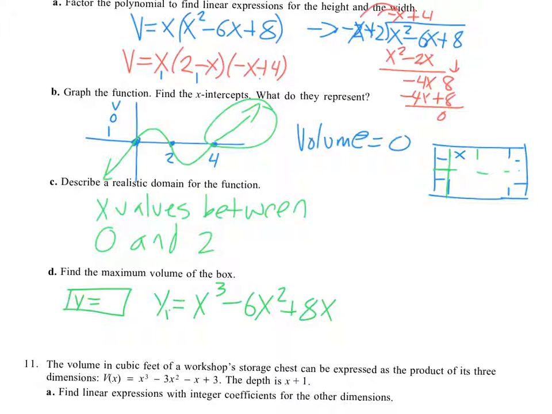And what you're going to do from there is go to second and trace. That brings up the calc menu. You want to go to max. It's going to ask for a left bound. You're going to move the cursor to the left of where you see on the graph.